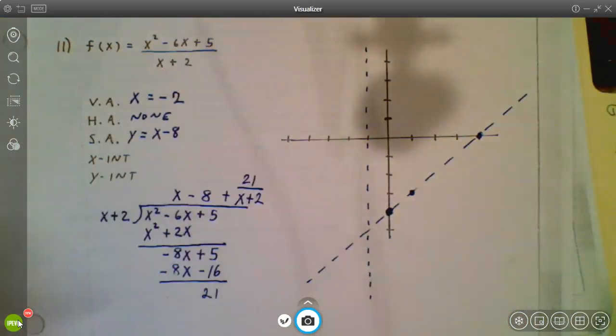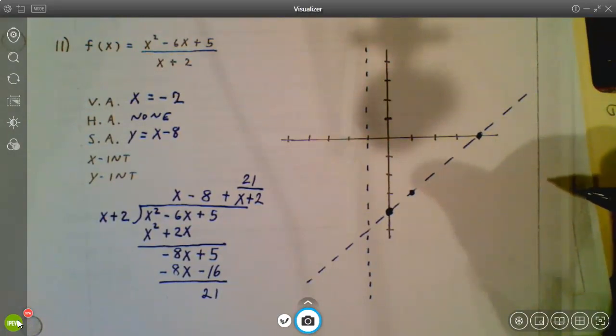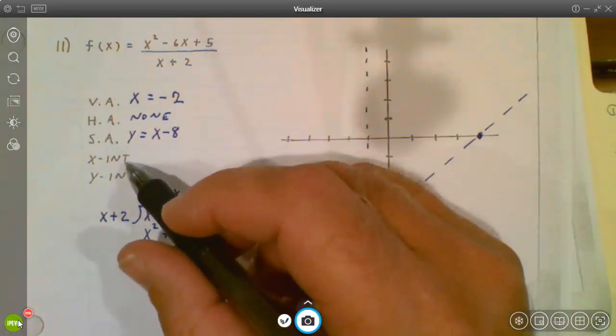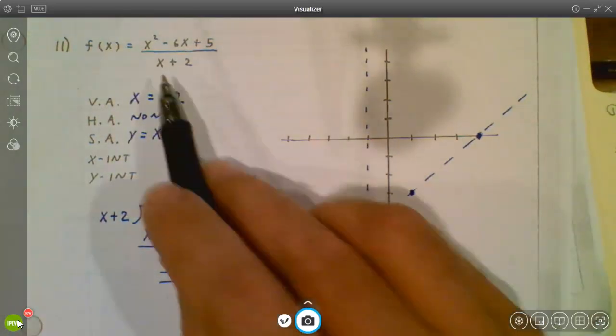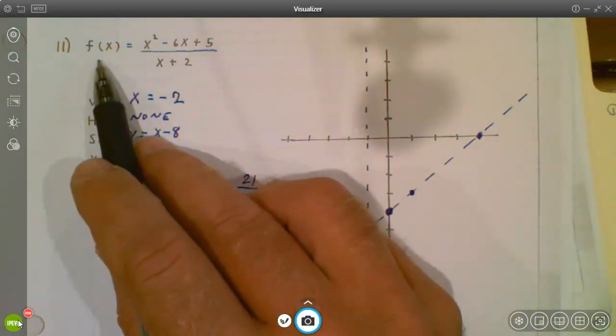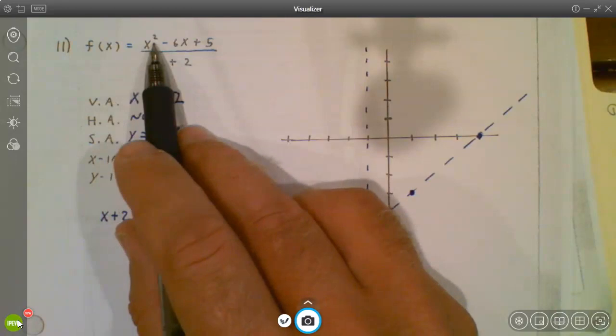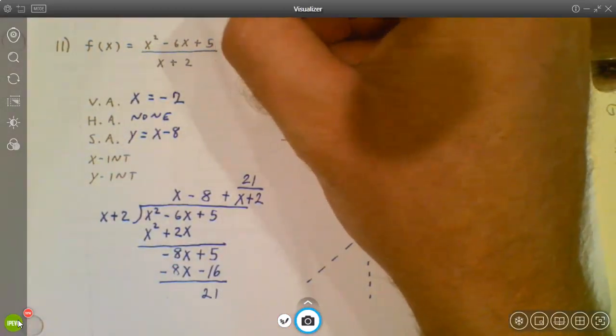All right. So the intercepts, remember, those are going to help determine where the curves go. So as far as the x-intercept goes, if I set this whole thing equal to 0, well, as I multiply this over times 0, it goes away, and I simply have 0 equals x squared minus 6x plus 5. Let's just do that here.